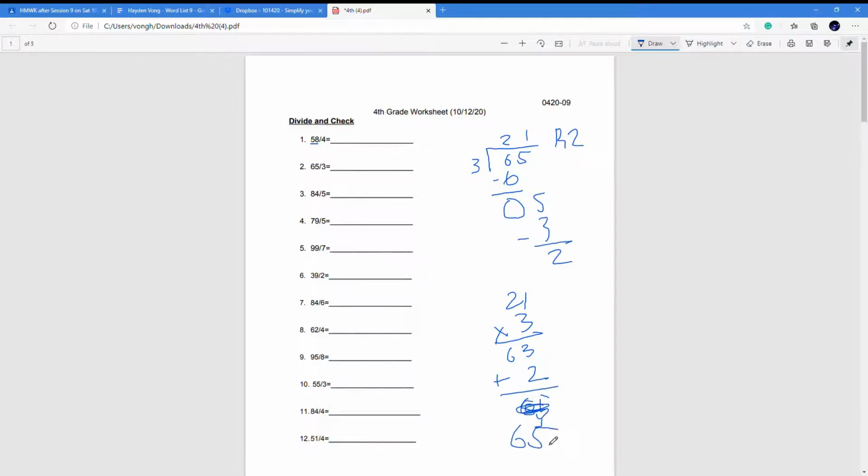So you get 65 as your answer, which is the same as here. That was 14 remainder 2, I think. Right, so these are the 2 answers for these 2 problems.